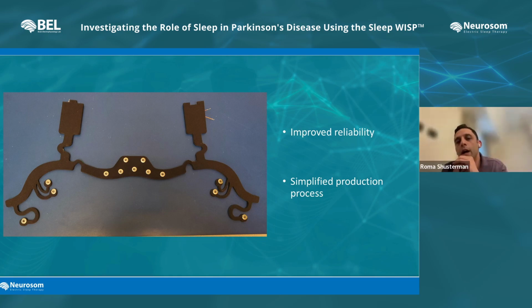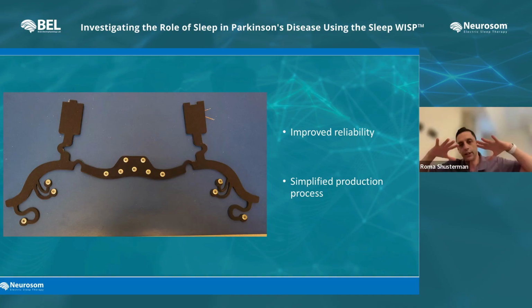So right now we came up with a flexible printed circuit board that replaces these wires. So practically we have a printed circuit that is matching the size of this headband.